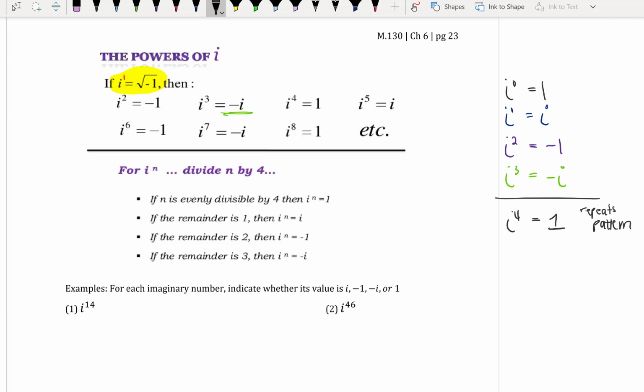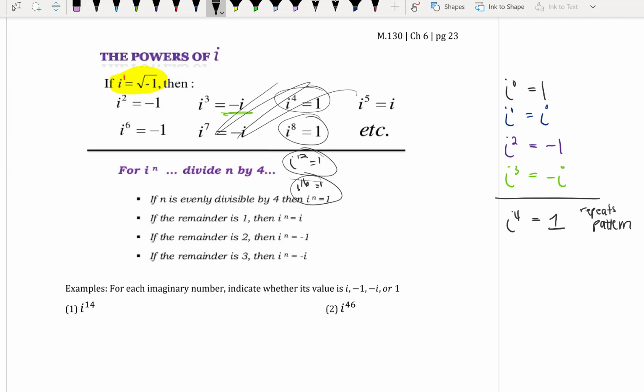So now that it repeats the pattern, see, 1, i, -1, -i. So if I have i to the 12th, that's going to equal 1. If I have i to the 16th, that's going to equal 1. So anything that's divisible by 4 is going to give me 1.